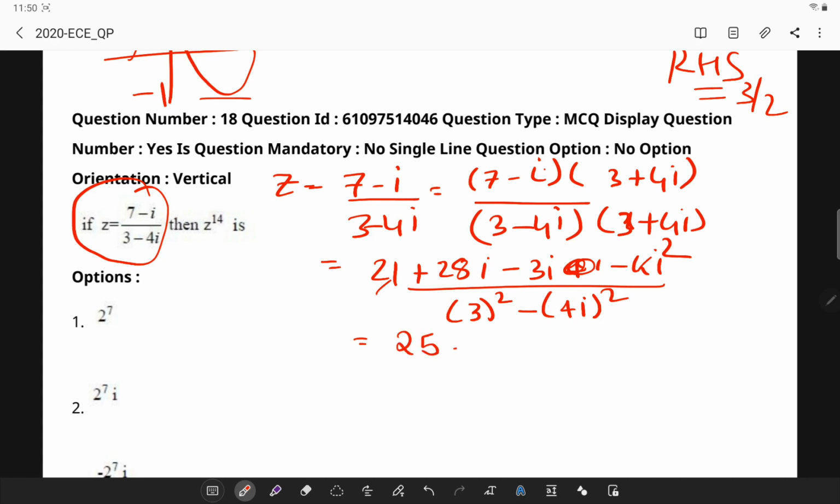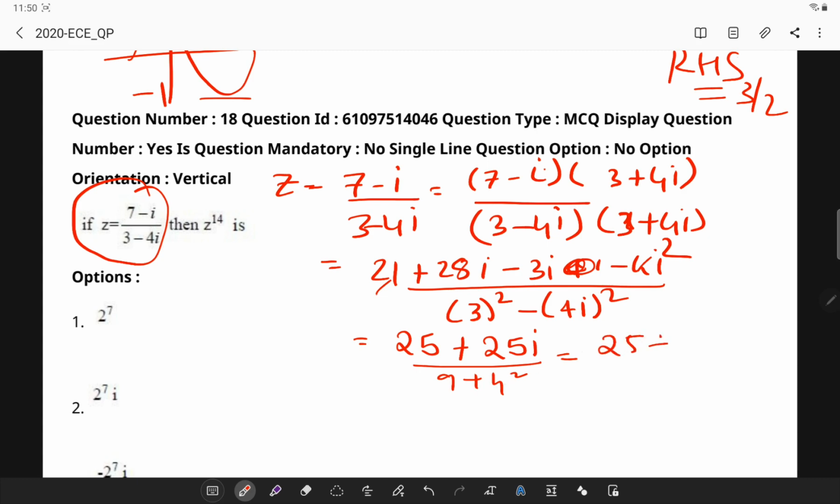So if I simply write this, I'll be getting 21 plus, minus 4i square is 4, so 25 plus 25i, divided by 3 square, which is 9, plus 4 square.